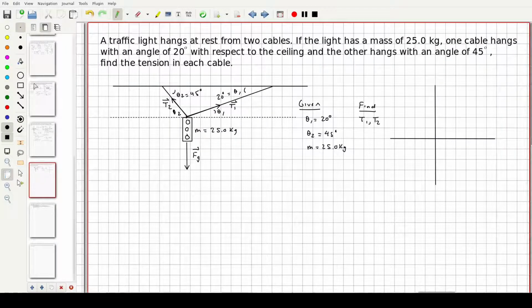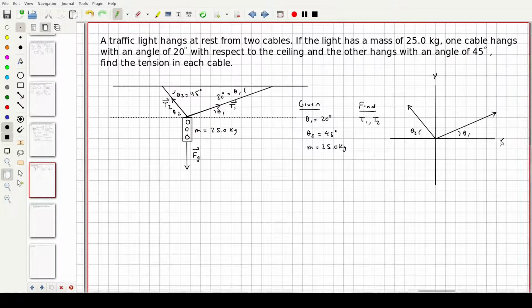So what that means is that when we draw our picture over here and we label stuff like that, we already know what our angles are. So we don't have to do anything complicated to find them. This is theta 1. This is theta 2.